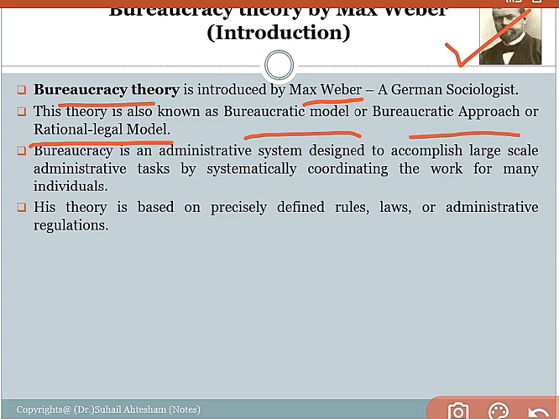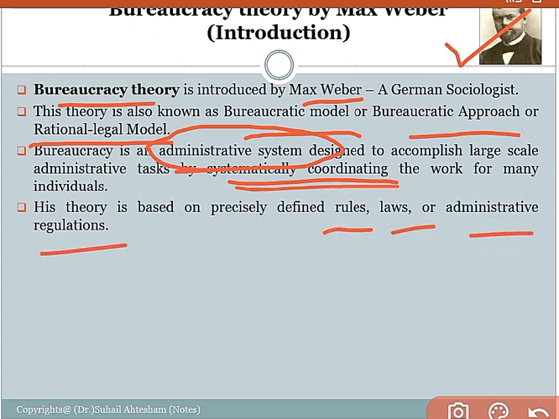It is basically the study of effective organizational development, and of improving the administrative system in the organization so that the manager can effectively use the factors of production, the human and non-human factors, in the right way for systematic coordination, for getting a systematic output in the organization. His theories are based on well-defined rules, laws, and administrative regulation that have to be followed by every employee working for the organization.